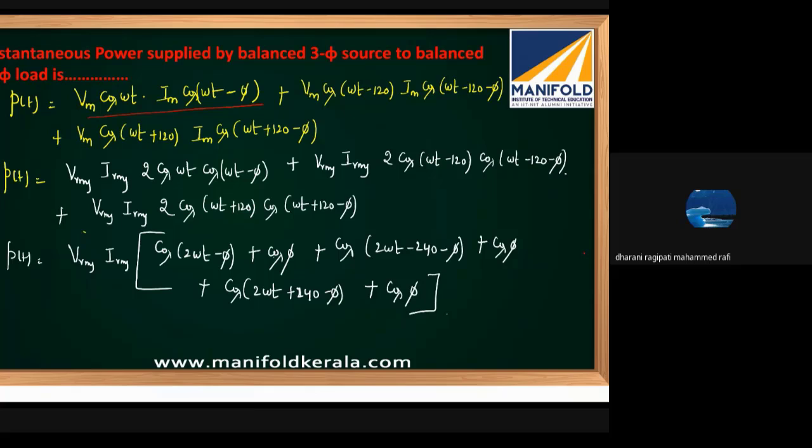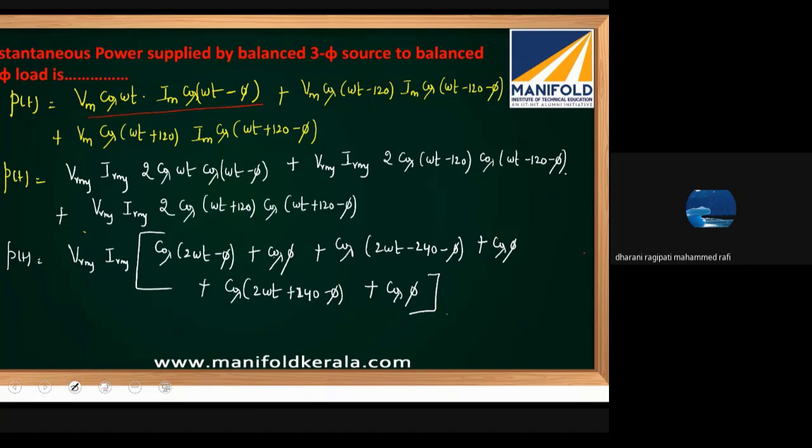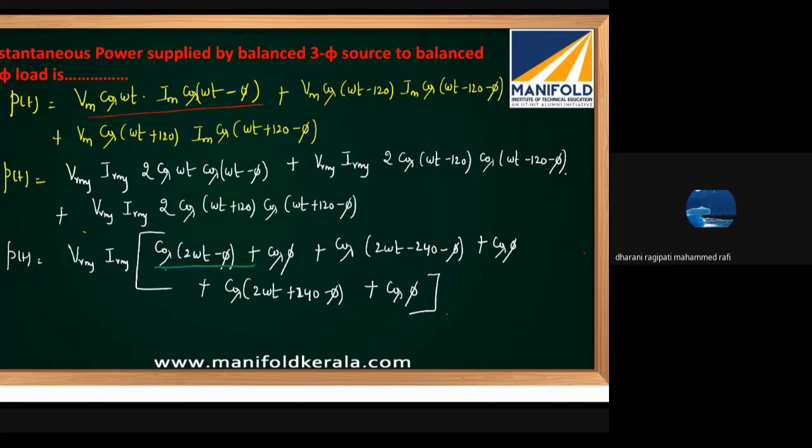Understand? So here, if you carry out the sum of these three terms, cos 2 omega t minus phi, cos 2 omega t minus 240 minus phi, cos 2 omega t plus 240 minus phi, let us call these x, y, and z.